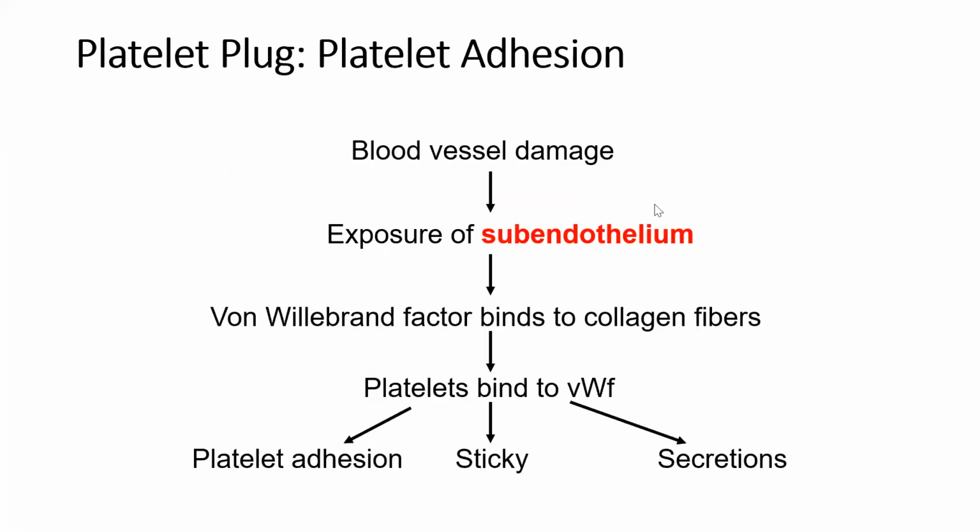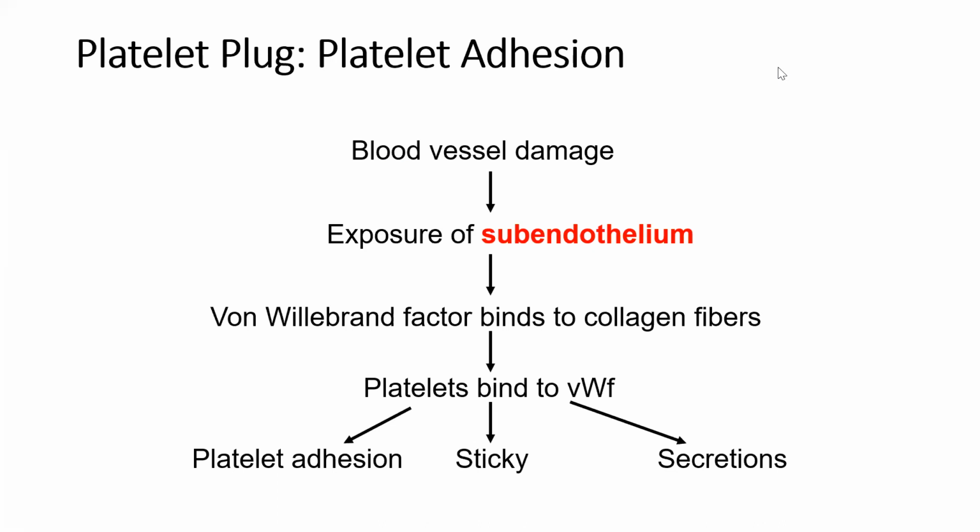Okay, so here's a flow chart that explains that initial platelet plug that we have being formed. So essentially we've got damage to the vessel wall. We then have exposure of the subendothelium. So the subendothelium is pretty much the basement layer of that endothelial vessel, that endothelial cell that forms our vessels.